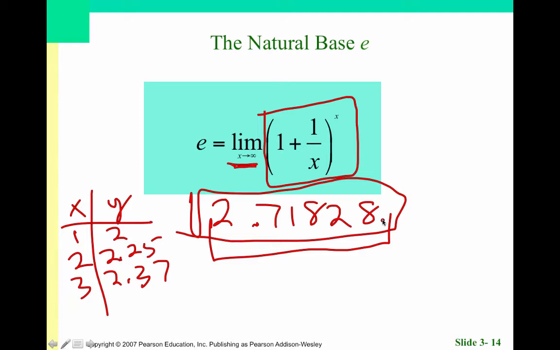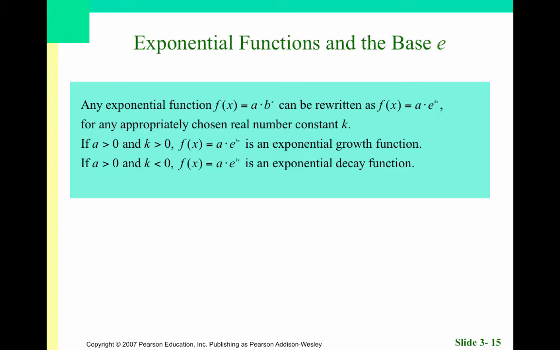This is going to be used when we talk more about continuous growth, a lot of financial implications in E. You can also use an E. Notice the similarities between these two functions. This is exponential growth, this is exponential growth.